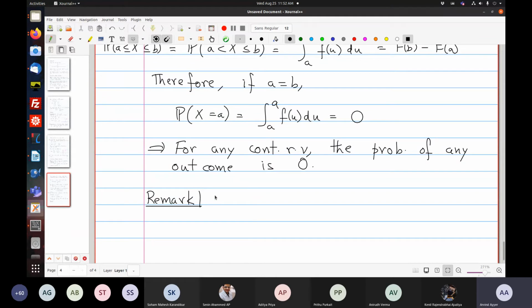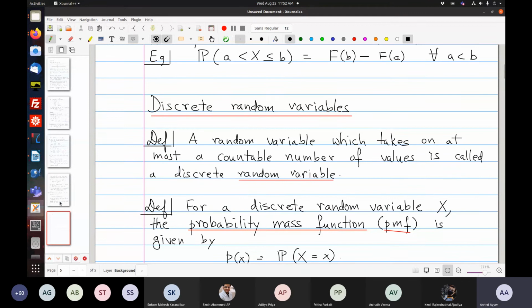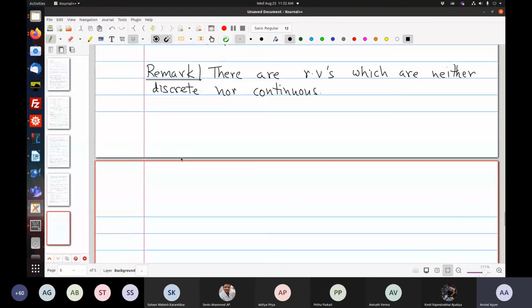There are random variables which are neither discrete nor continuous. Let me give you one easy example, and I will just say something about another class.